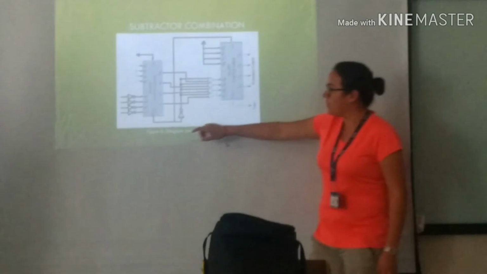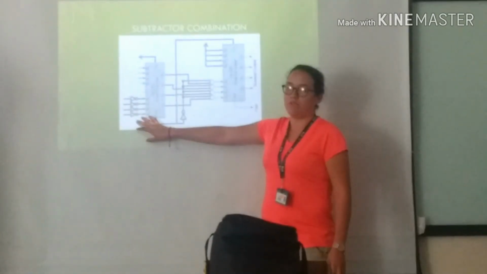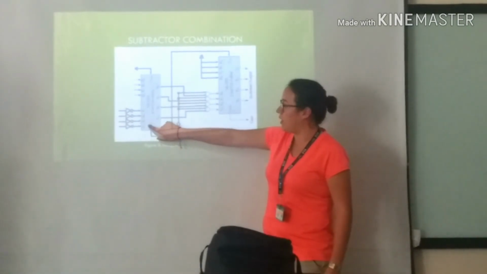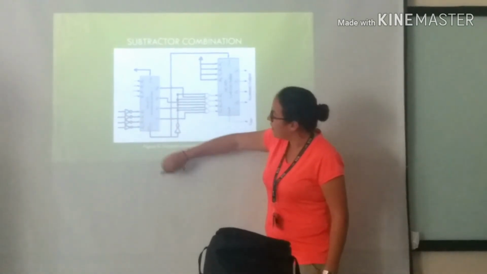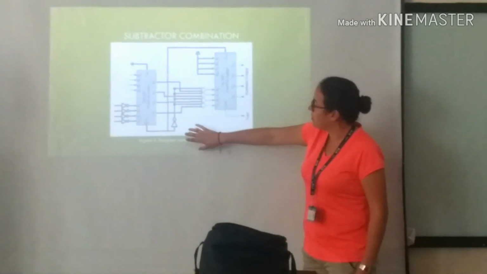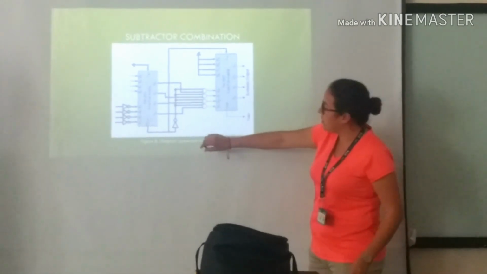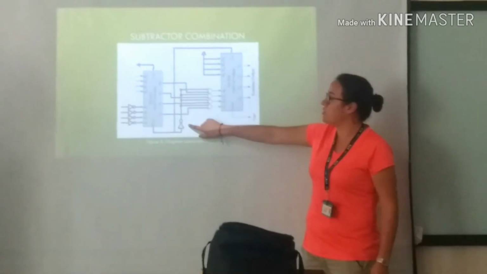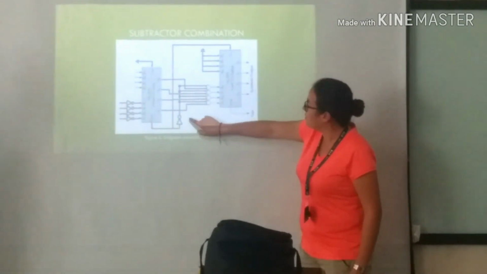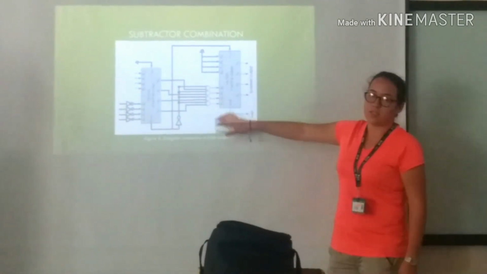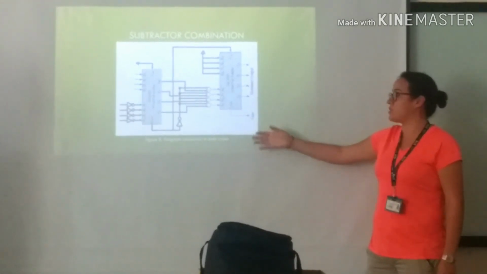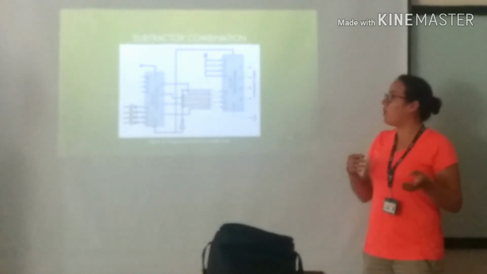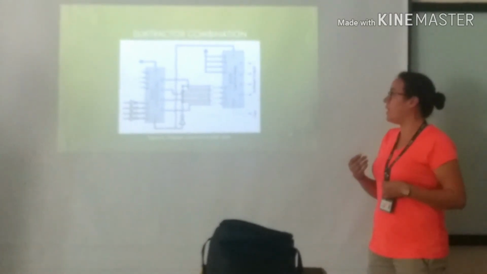But here we have the connections of 4 NOT gates that are in the connection of A, and next we have another NOT, and we have some XOR gates. This helps to obtain the results in two cases: when A is higher than B, or when B is higher than A.